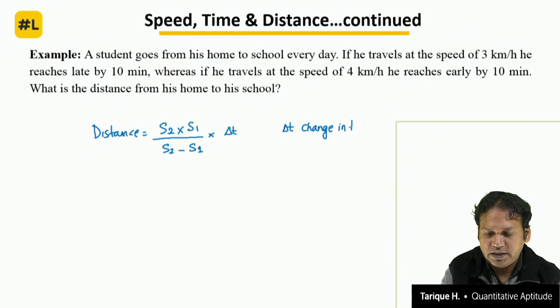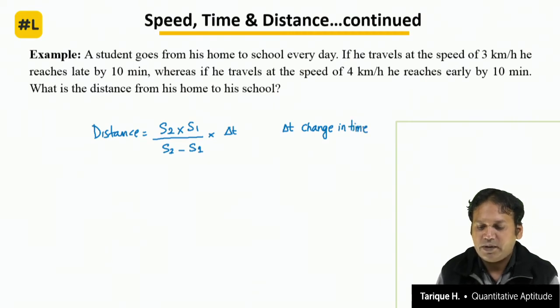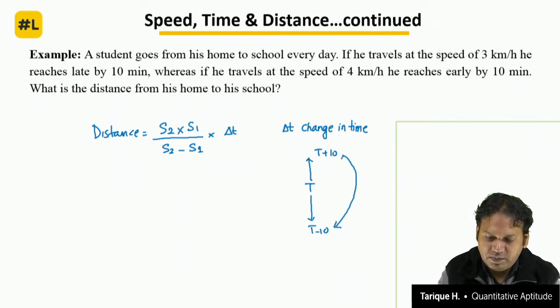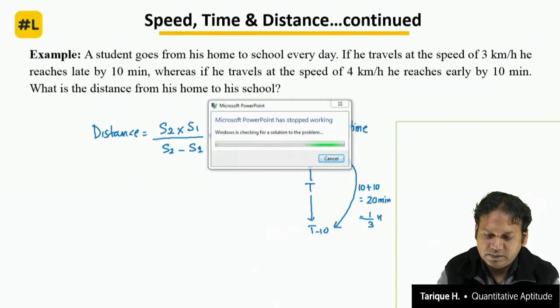So suppose the actual time is t, you are changing it to t plus 10, 10 minutes more, or 10 minutes less. So the actual change in time is 10 plus 10, 20 minutes, and 20 minutes is equal to 1 by 3 hours. Now here we need hours because we are multiplying.